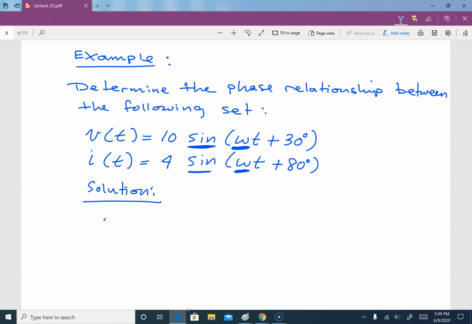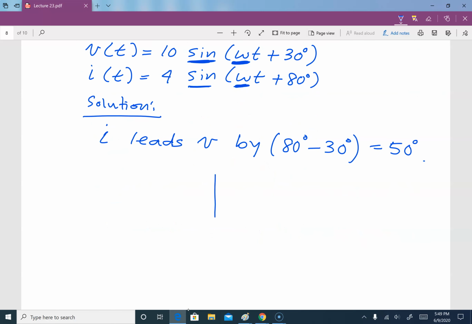So we can say I leads V by 80 degrees minus 30 degrees, which is 50 degrees. Or you can do this.